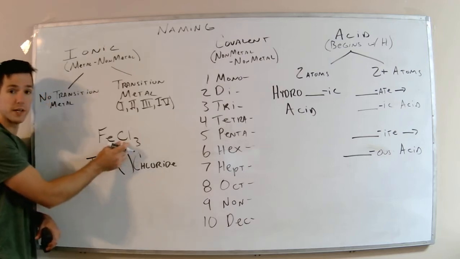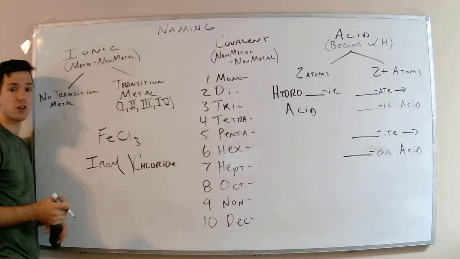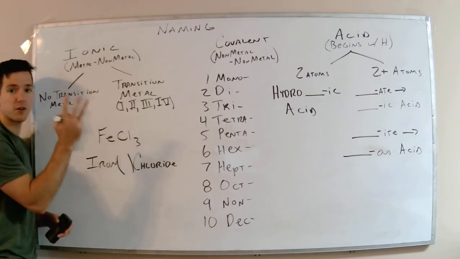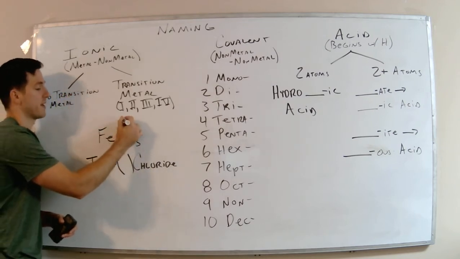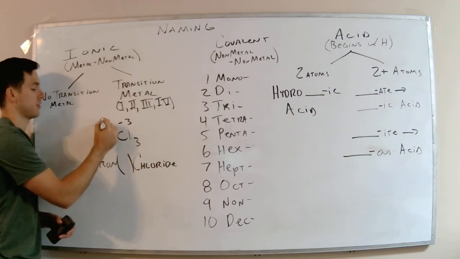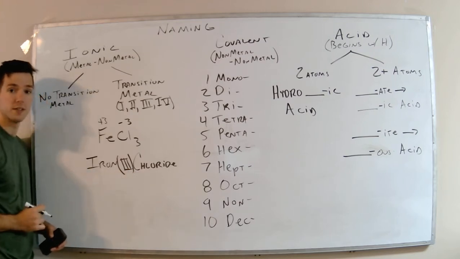Chlorine is in the halogens, and usually has a charge of -1. How many chlorines are there? 3. So all together, all those chlorines have a charge of -3. So my iron better have a charge of +3. So I would put a Roman numeral 3 in there.